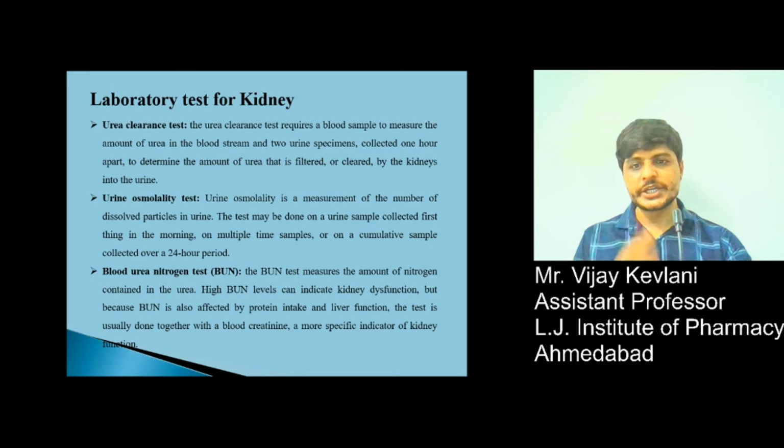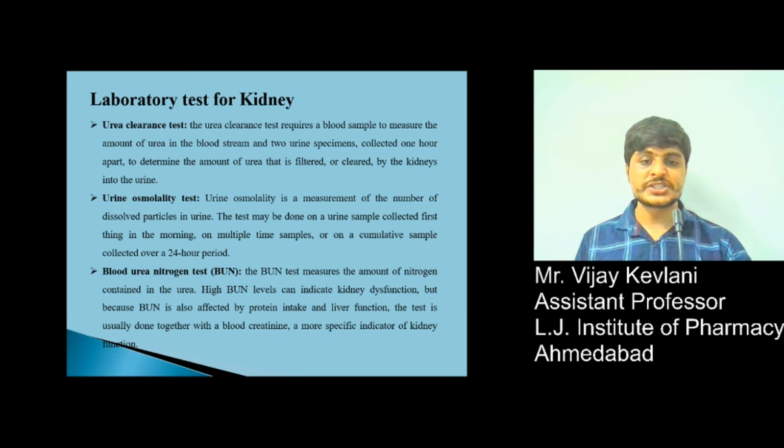Laboratory test for kidney. So very first is urea clearance test. The urea clearance test measures how much blood is cleared of urea per minute. It requires a blood sample to measure the amount of urea in your bloodstream and urine specimens collected 1 hour apart to determine the amount of urea that is filtered or cleared by the kidney into urine.